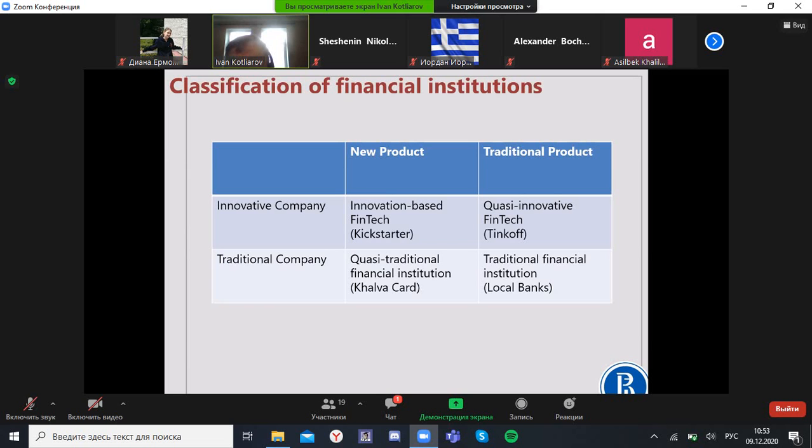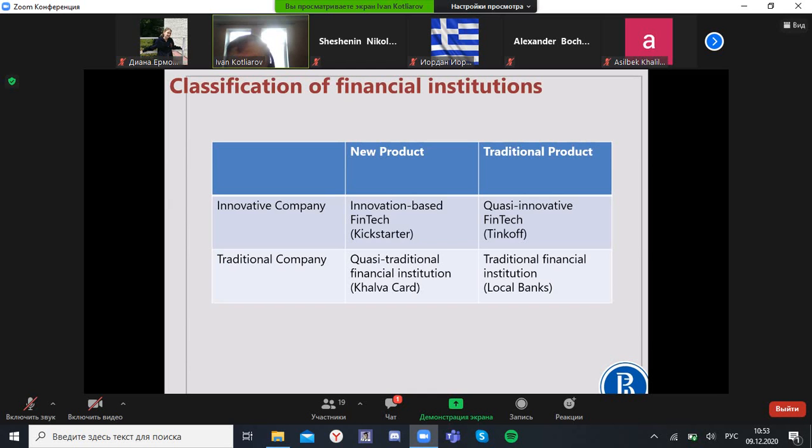All products offered by Tinkoff are traditional, loans, cards, etc. So products are traditional, but the company is innovative. So it is a quasi-innovative fintech. It is the transformation of traditional products into a new form.